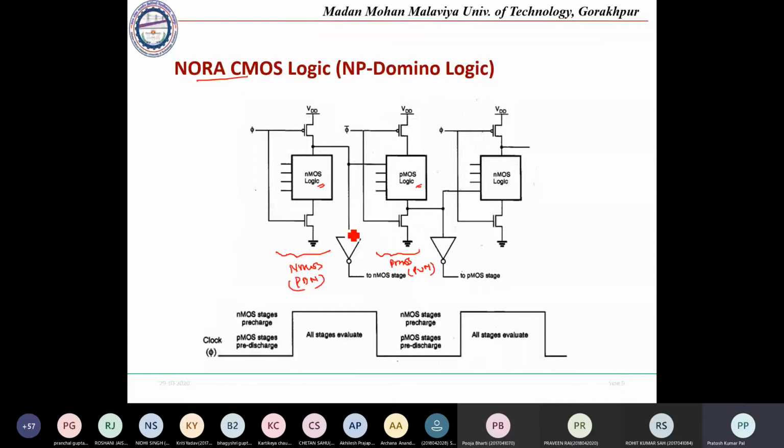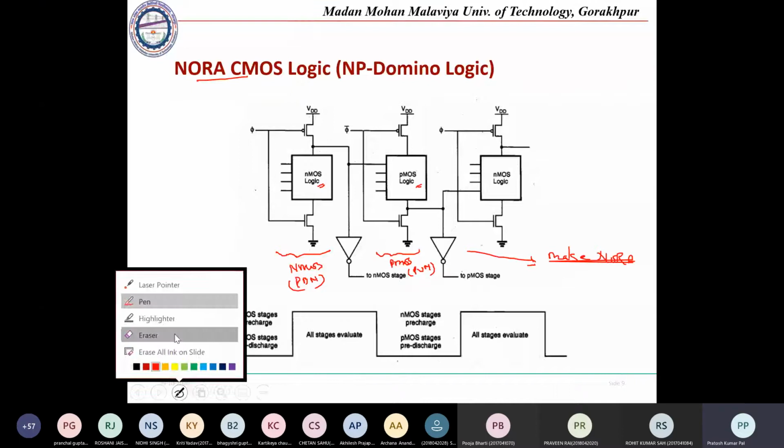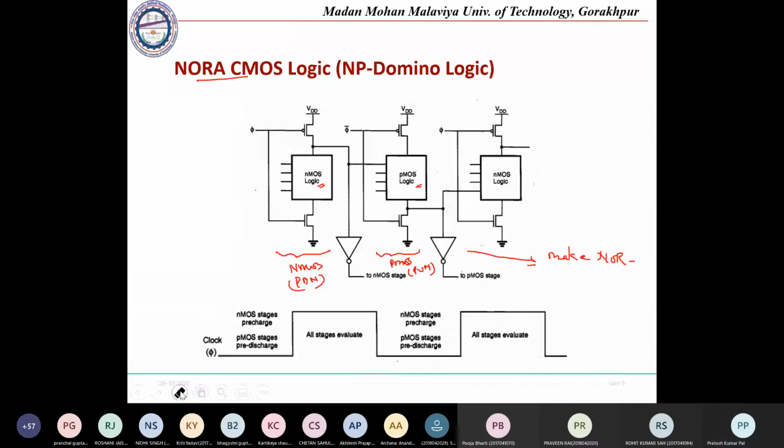So that means these inverters are basically used to make this NORA logic compatible with the domino logic.